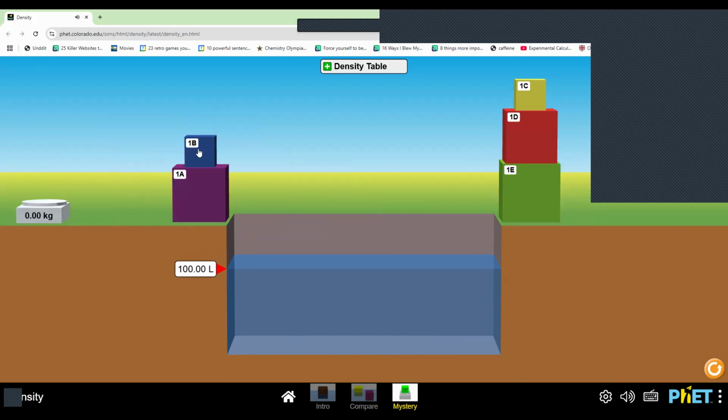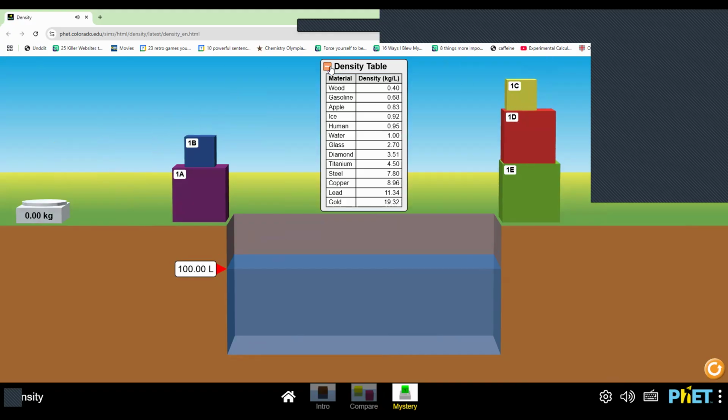So now we can do this. We have unknown objects. So we could say, based on what these are, here's a series of different known materials and their corresponding densities. Object 1B has a mass of 0.4 kilograms. Okay, so 0.4 kilograms. What is our volume for B?